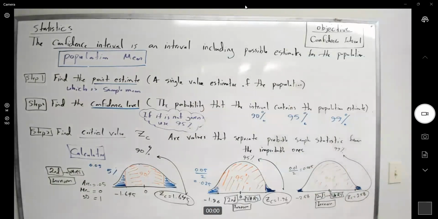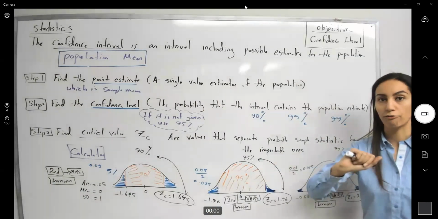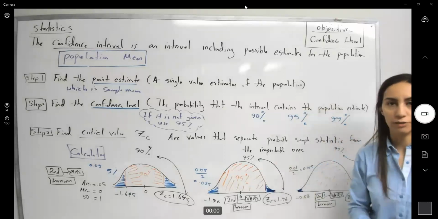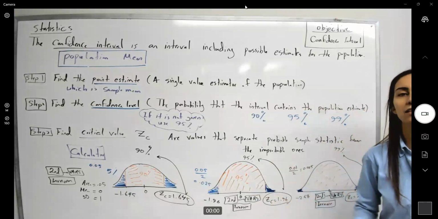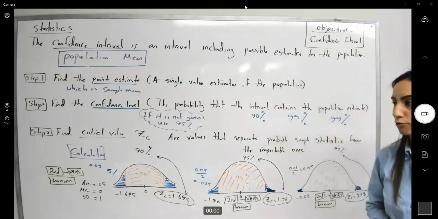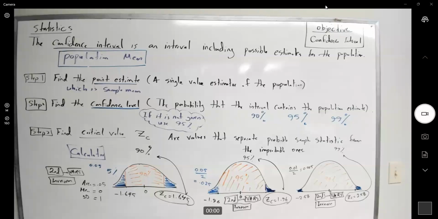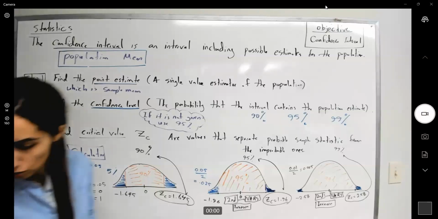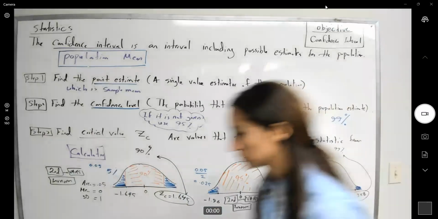Very good, excellent. So we're just done with step 3. We have more steps to take. In step 4, we need to find a margin of error. And in step 5, we need to find the confidence interval itself. Now, so far we learned how to find these critical values.